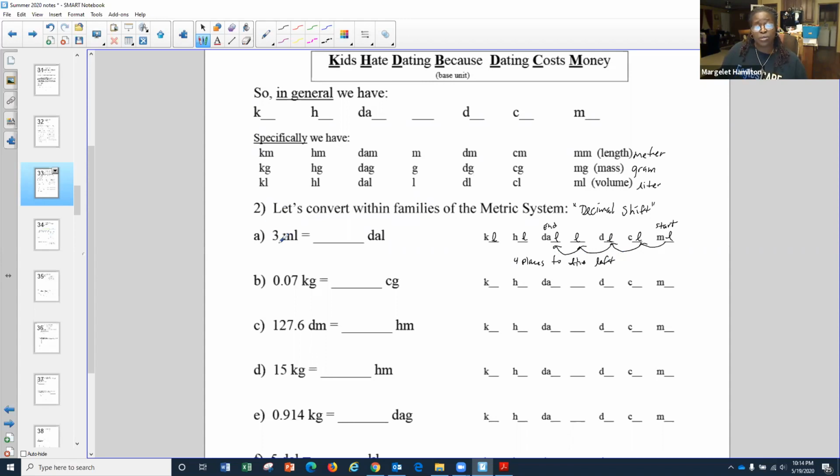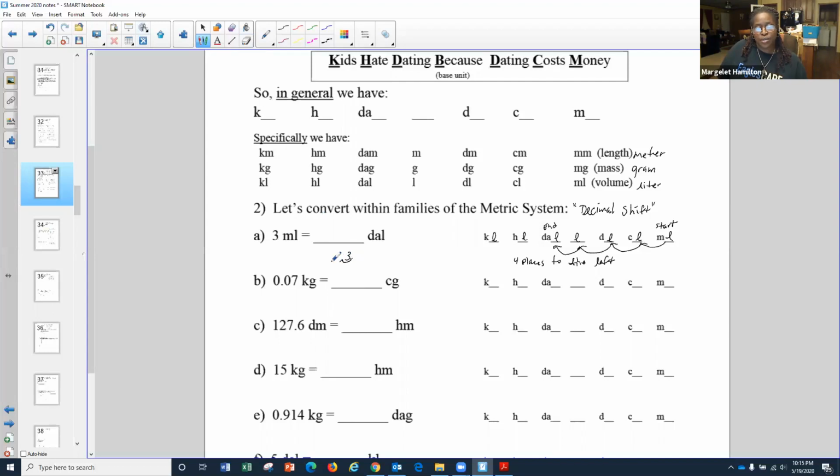So now that we know we're going to move it 4 places to the left, we're going to take our number. Our decimal point, although we don't actually see it, we know it's right behind our number. So we have our 3. We're going to take that decimal point and move it 4 places to the left.